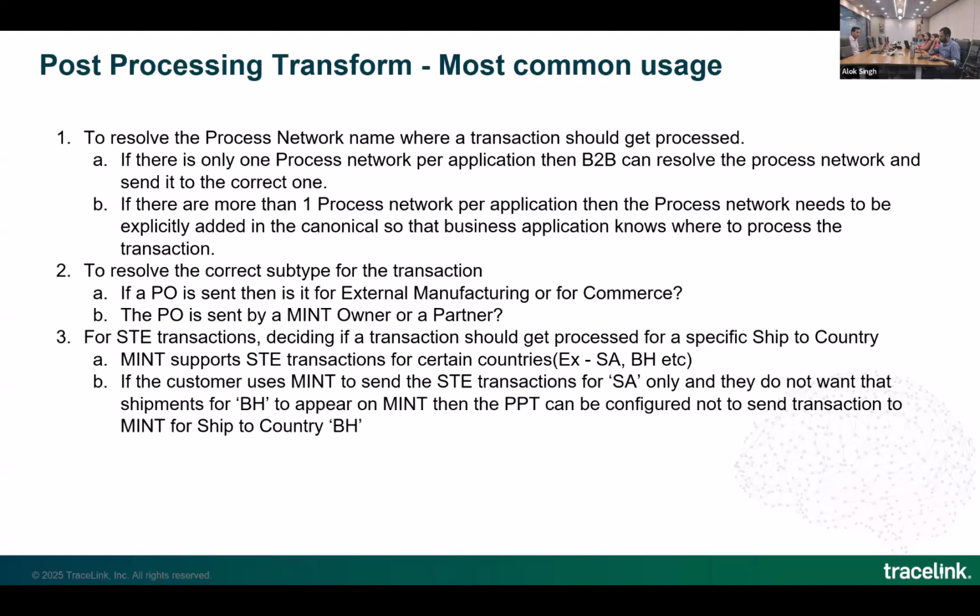Now, let's say there is a customer who uses Mint for only one of the countries, right? And they do not want, and they are actually doing sales shipments for other countries to their partner just to create records on the TTS side.